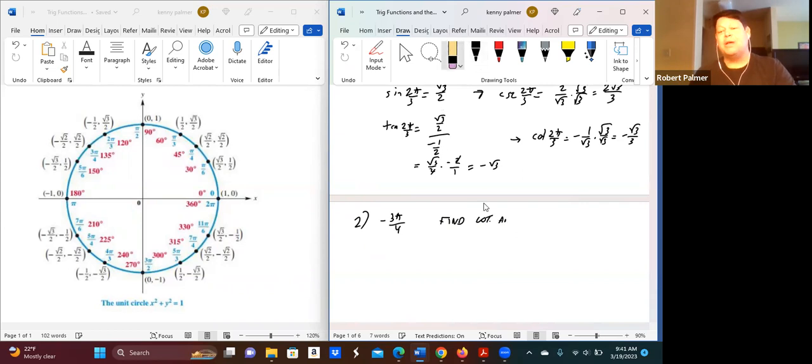Let's find specifically a positive coterminal angle. And the way we do that is we add 2 pi to it. So negative 3 pi over 4 plus 2 pi.